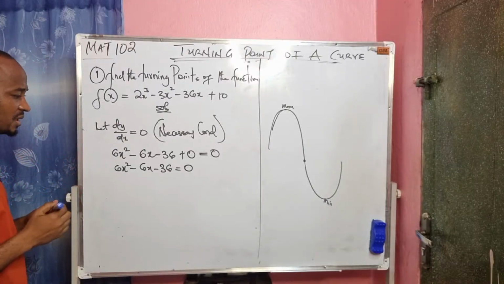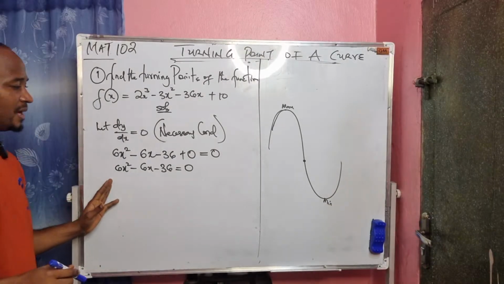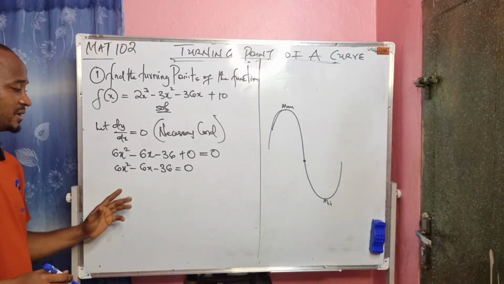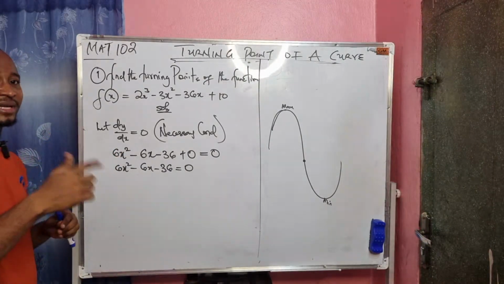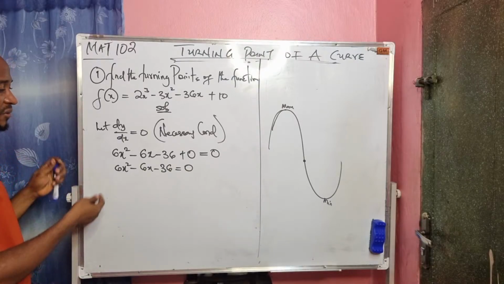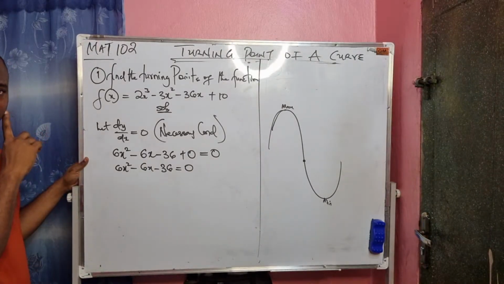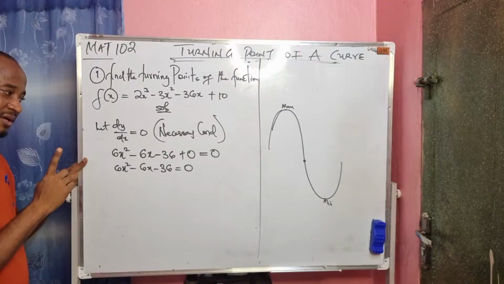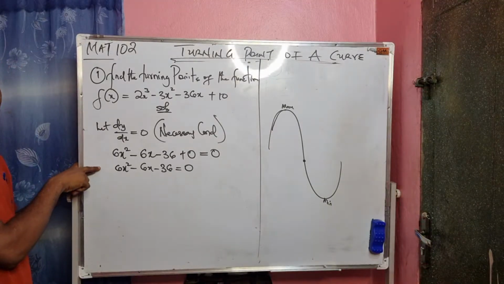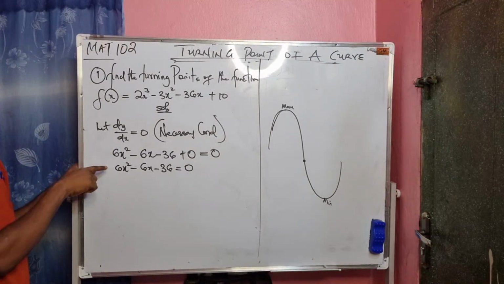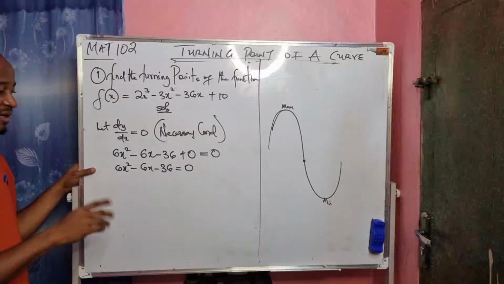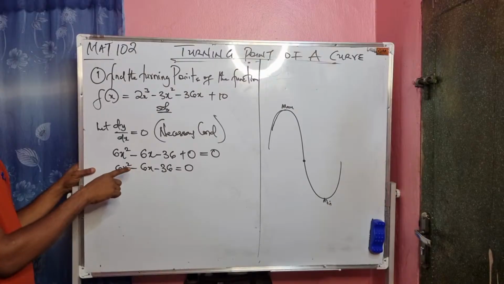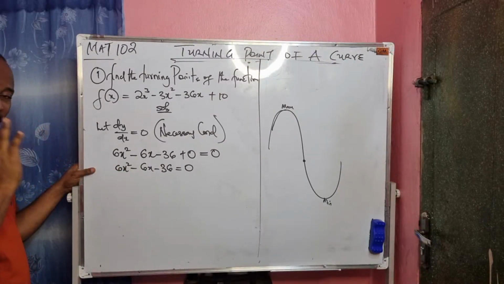Now, in this case, I will factorize to find the value of x. Don't forget that since this is a quadratic, I'll have 2 possible values of x. Whenever the highest power of a function is 2, there are 2 possible values of x.